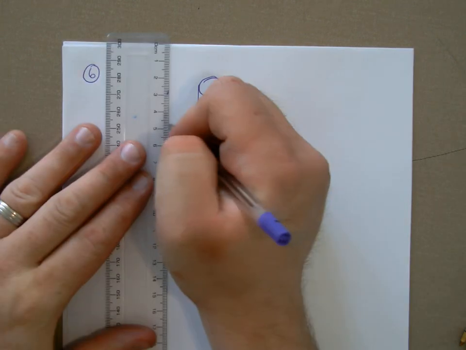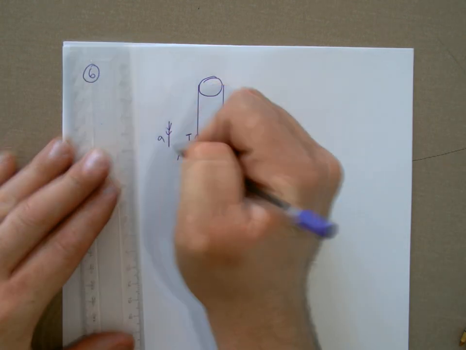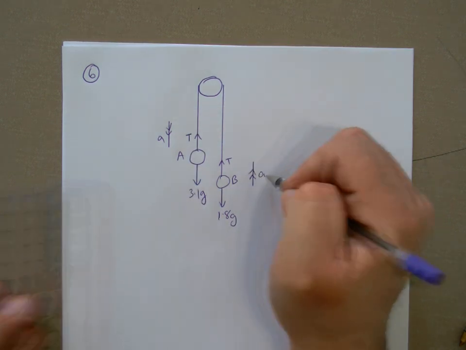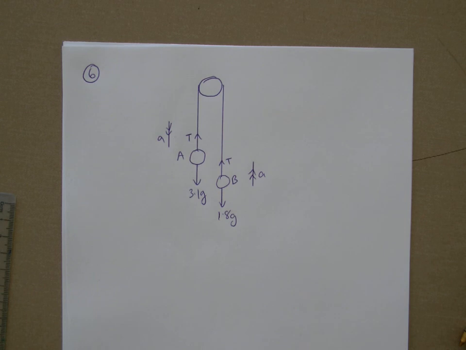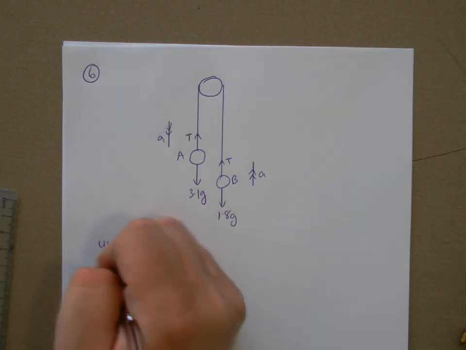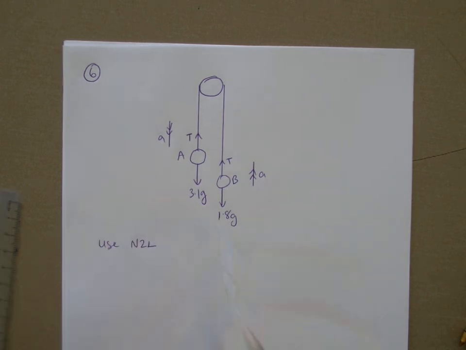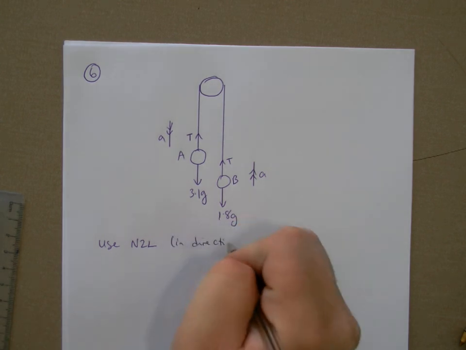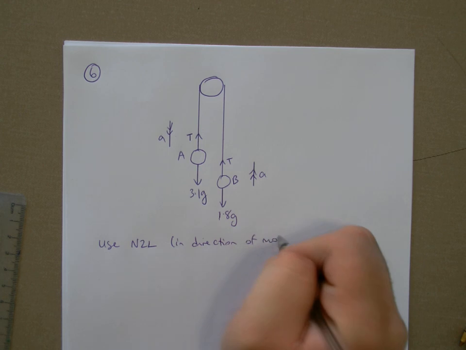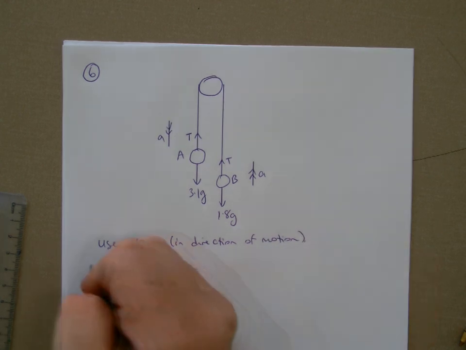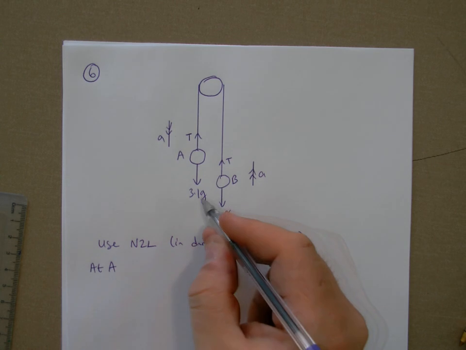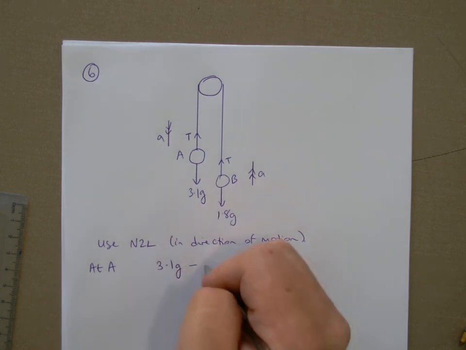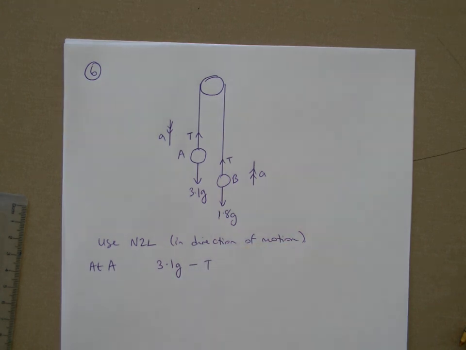So we're accelerating in this direction with regards to A, but with regards to B, of course, the string is going upwards. So if I use Newton's second law in the direction of motion, so along the string effectively, at A you've got the weight take away the tension, that's the resultant force, using Newton's second law.